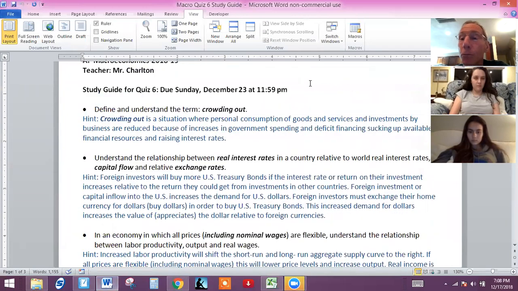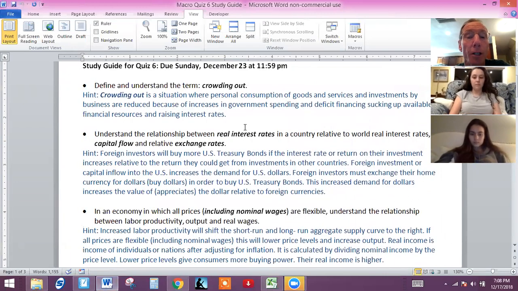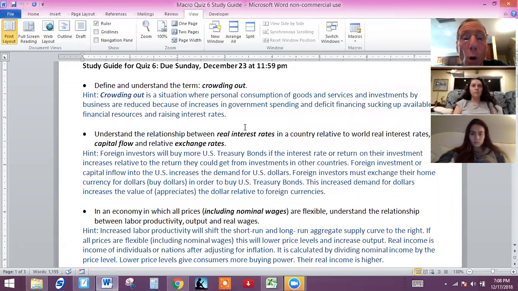Okay, good. So crowding out is just simply the idea that when the government goes into a budget deficit, they typically borrow money to make up for the deficit.